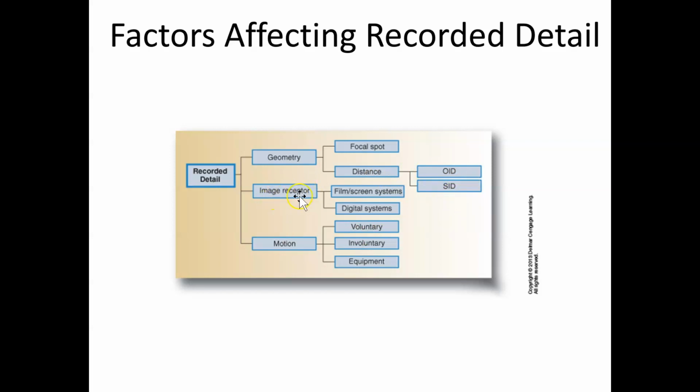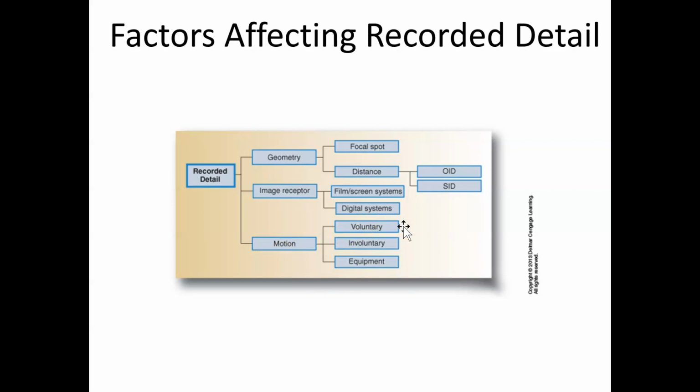Image receptors, do we have a digital system? Is it still film screen? I know not many facilities have that around the Seattle area. However, there are parts of the world that are still using film screen. And then motion. Is the problem with motion voluntary?